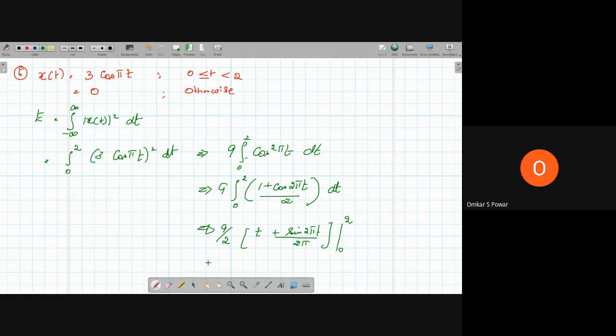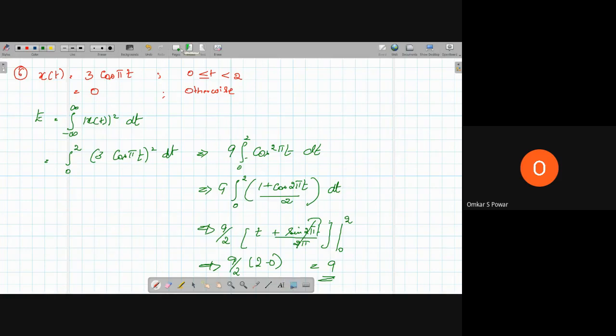If you solve this one, just substitute, sin 2 pi will be 0, 9 by 2 into 2 minus 0, because sin of 2 pi anything will be equal to 0, so it is equal to 9.